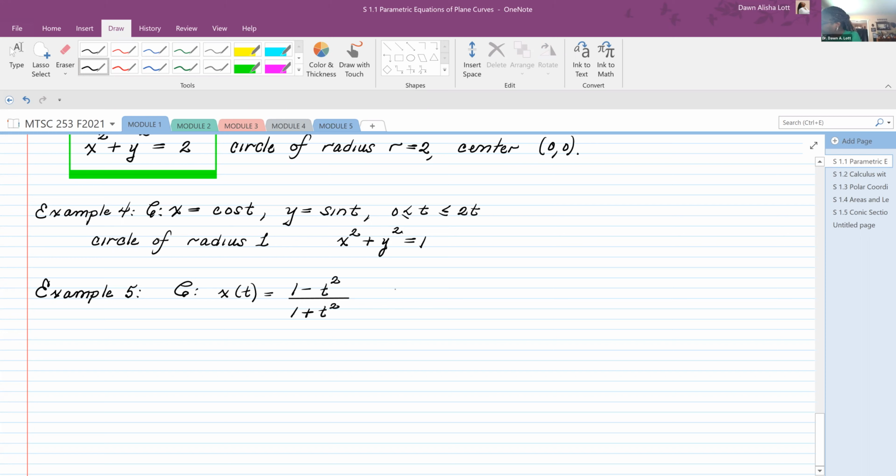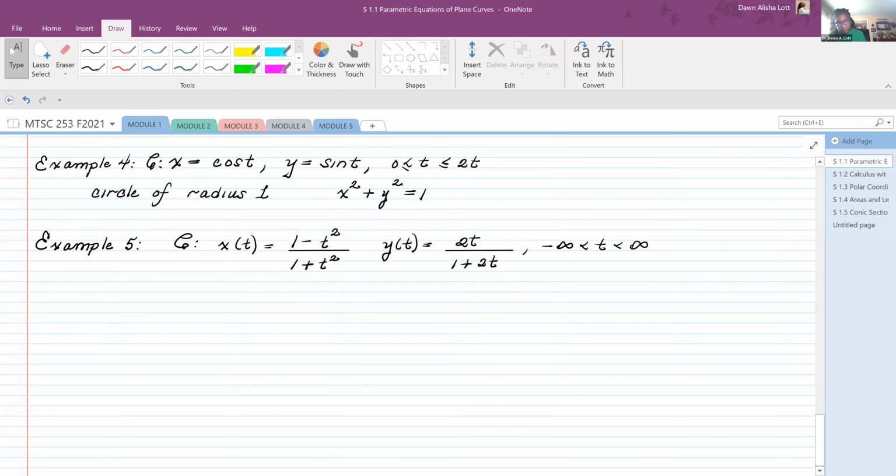And y of t is going to equal 2t divided by 1 plus t squared. Okay, well, again, I need to tell you t. t is minus infinity less than t less than positive infinity. Okay, so that looks kind of weird.